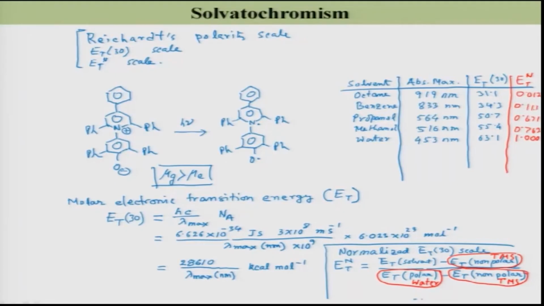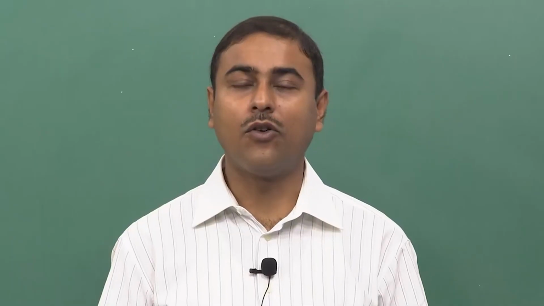So, we got a solvent polarity scale, the ETN scale, and it is a widely used solvent polarity scale, because it contains all the interactions, since the shift in the absorption spectra is a resultant of all possible interactions between the solvent and the solvatochromic dye, in this case the Reichardt 30 dye. So, if somebody says that the polarity of a solvent is something like 0.01, then it is evident that this is a non-polar solvent. If it is like 0.8, 0.9, then it is a polar solvent.